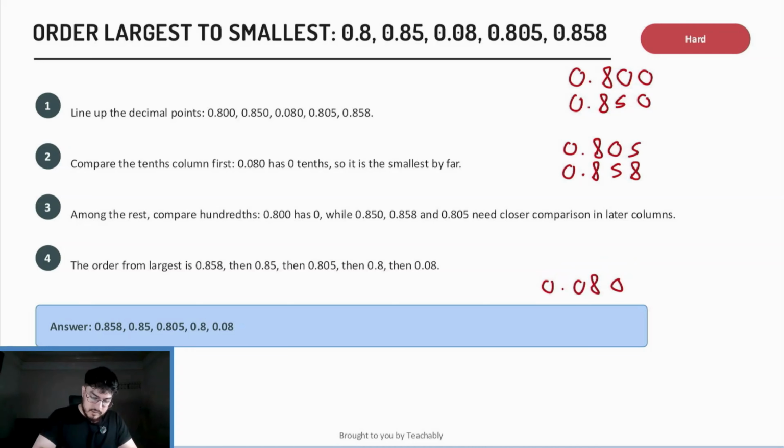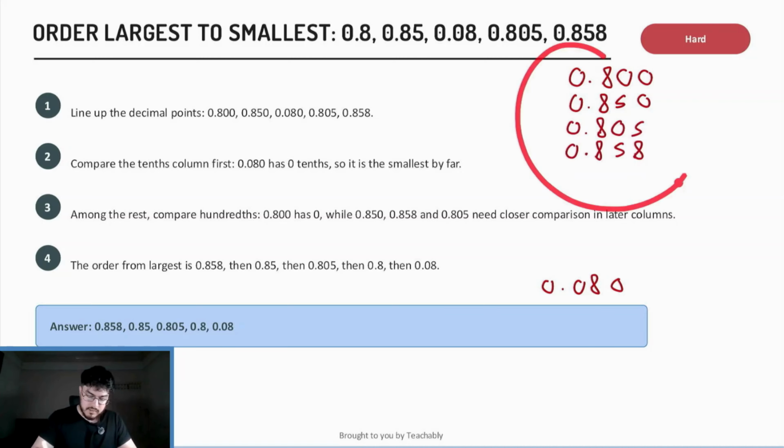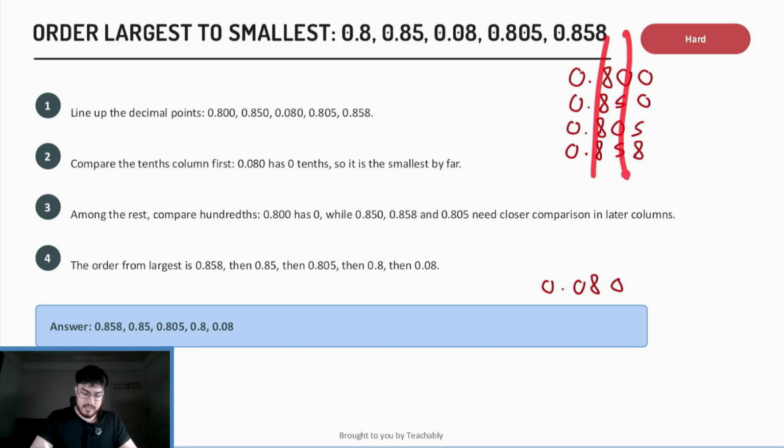Now, let's compare this cluster. So if we look at this cluster right here, then we look at the next column. So we all know they have the same value right here. All of them is 0.8, and so we can't see which one's bigger just by looking at this column. You have to look at the next column. Does any of them have a 0? Okay, that has a 0, that has a 0.